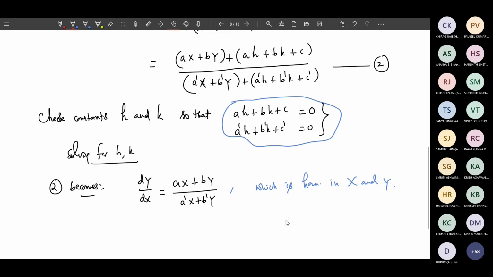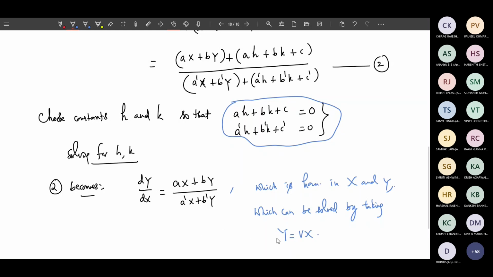So this can be solved, as usual, by our technique y equal to Vx, because it is dy by dx form.